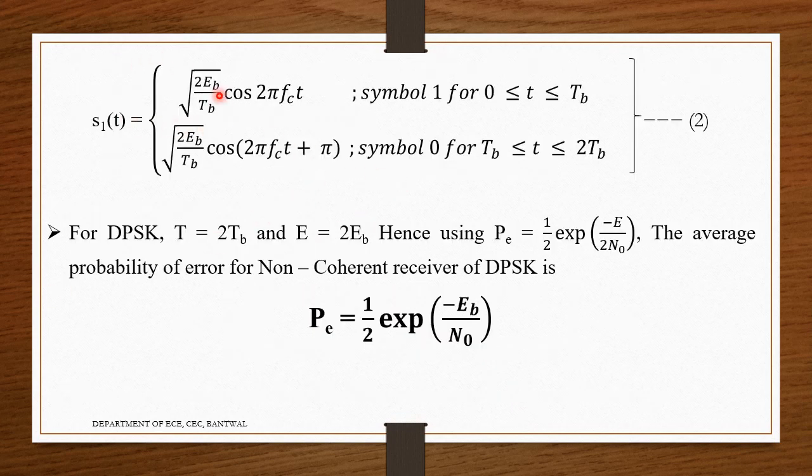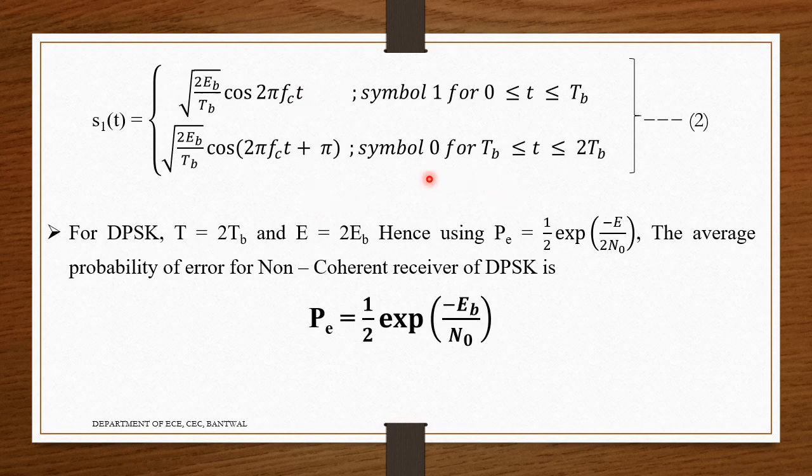So you can see here that if symbol 0 has been transmitted, pi has been added. When compared to the other signal, where symbol 1 was transmitted, it was the same thing, cos 2 pi fct, cos 2 pi fct, but here symbol 0 has been sent.